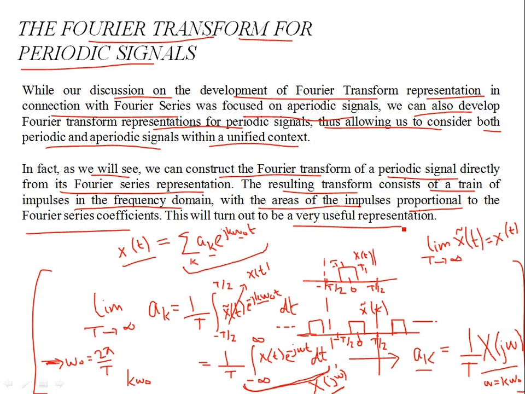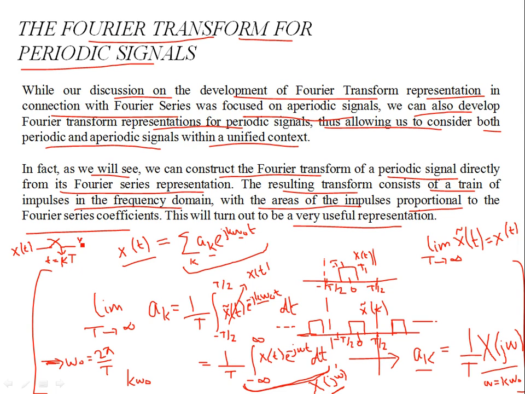In coming chapters, if you look at the sampling process, it can be modeled by a periodic impulse train. For example, you have a continuous time signal and you want to convert it to a discrete time sequence. Let's say there is a switch which closes at t equal to kT, k being an integer multiple of the switching time, starting with k equal to 0, 1, 2, 3.